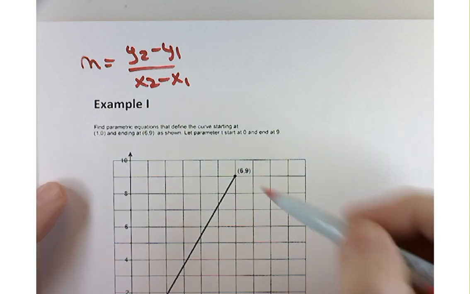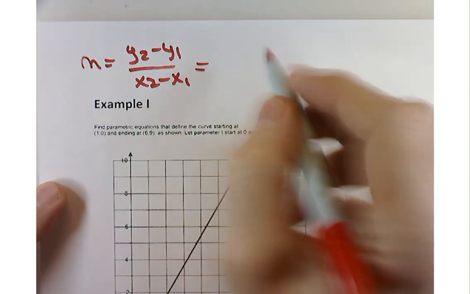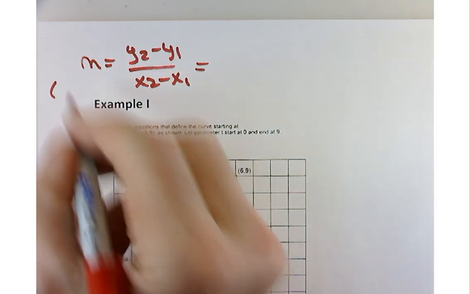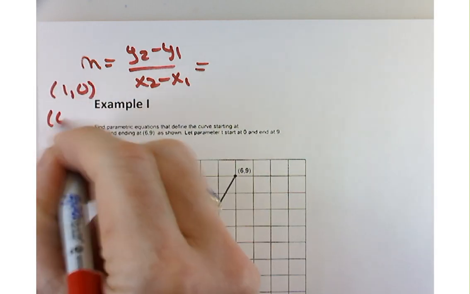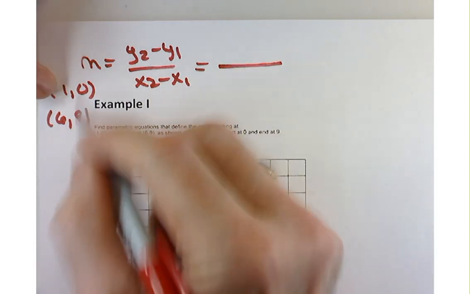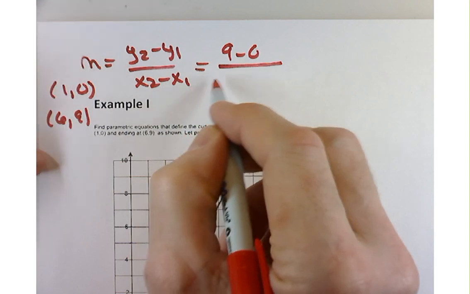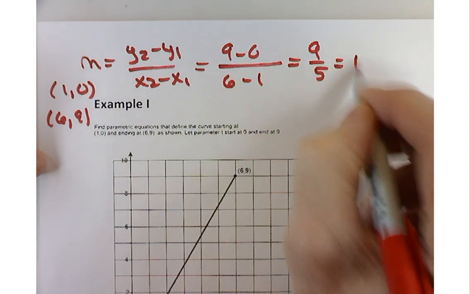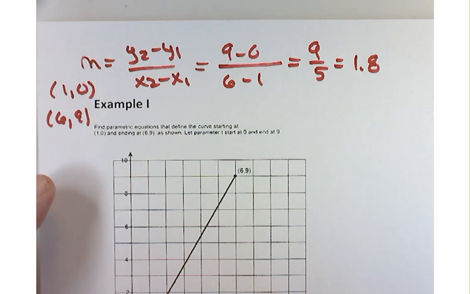All right, let's see. So in terms of my points, I've got the points 1 and 0, and 6 and 9. So plugging that in here, it's going to be 9 minus 0 over 6 minus 1, which is 9 over 5. FYI, that's also 1.8. So that's my slope. What else am I going to need here?